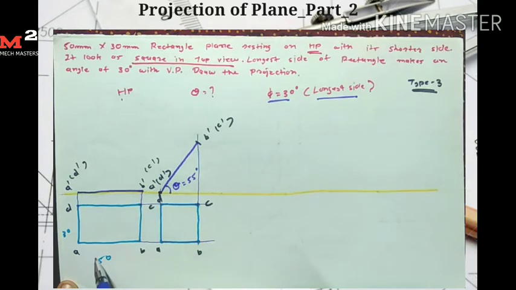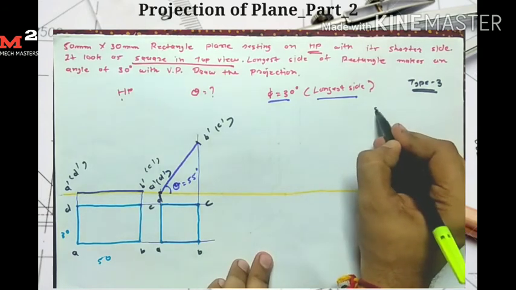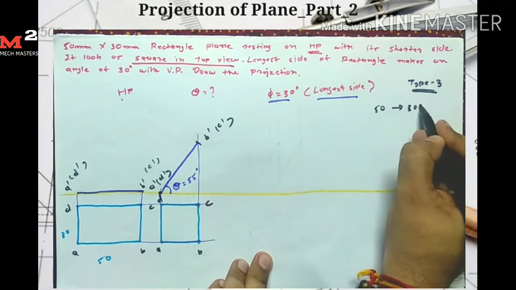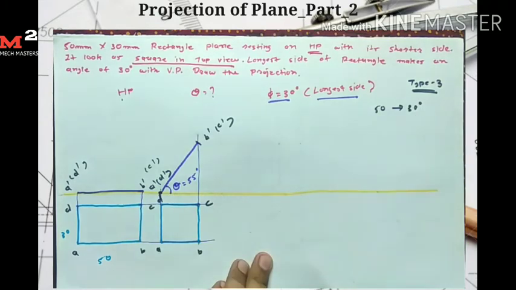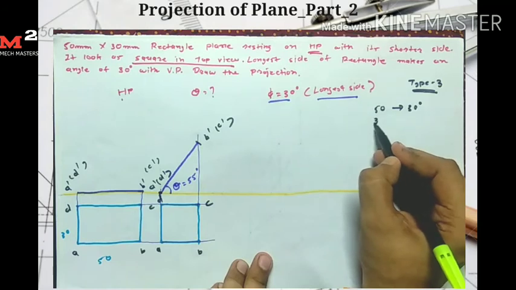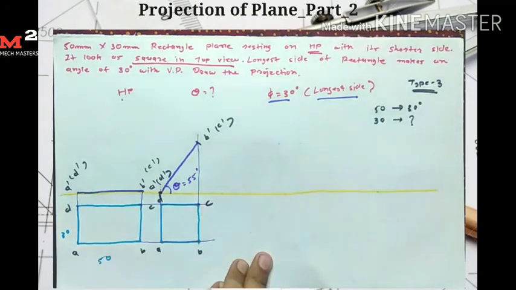In the first stage the length of AB and CD is equal to 50 mm, and in the second stage its length is reduced to 30 mm. So this angle of 30 degrees is given for the 50 mm side. When the side is 50 mm, this side makes an angle of 30 degrees, but in the second stage its length is reduced to 30 mm, so we are required to find the new apparent angle.